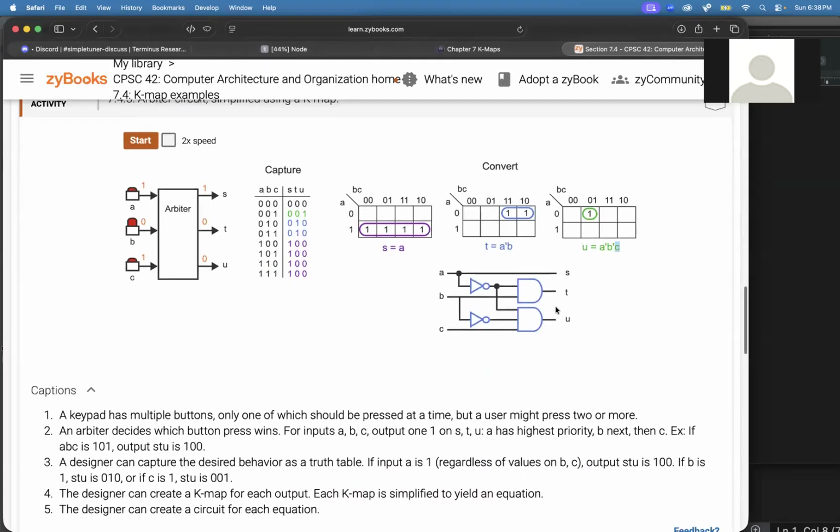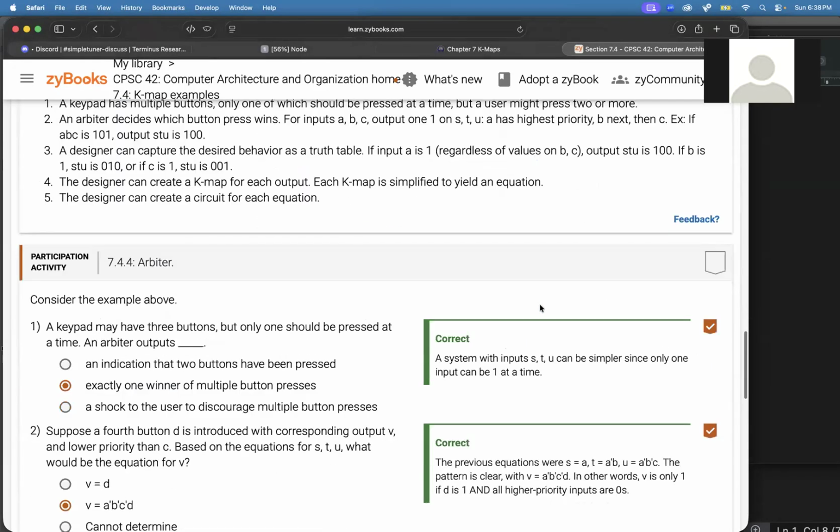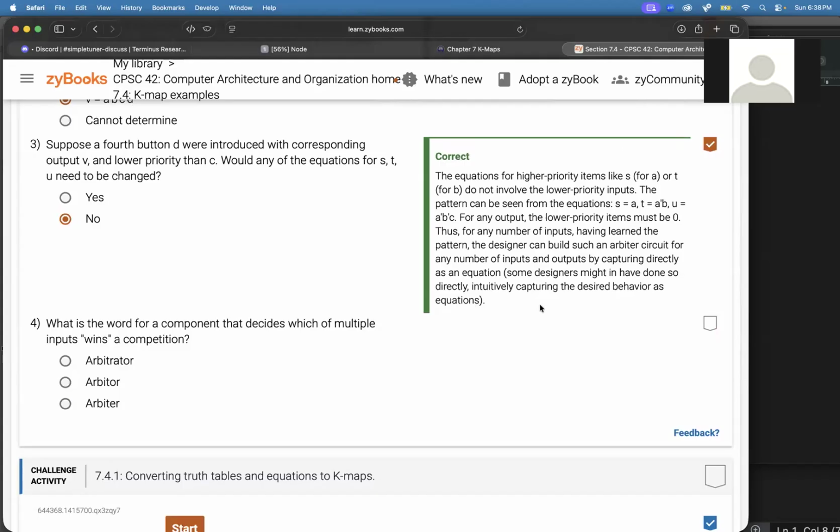But the equation for A, which is the highest priority, doesn't refer to any of the other variables. And the equation for B doesn't refer to C because C is lower priority. So you never need to refer to the lower priority variable, is what that's saying.